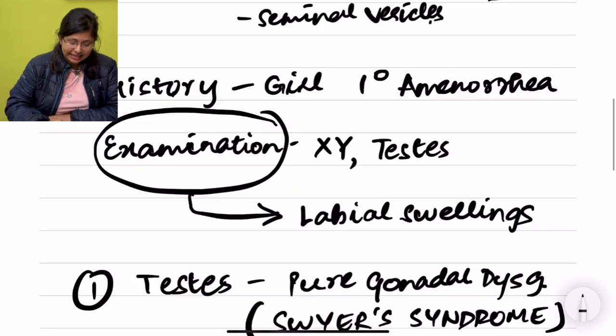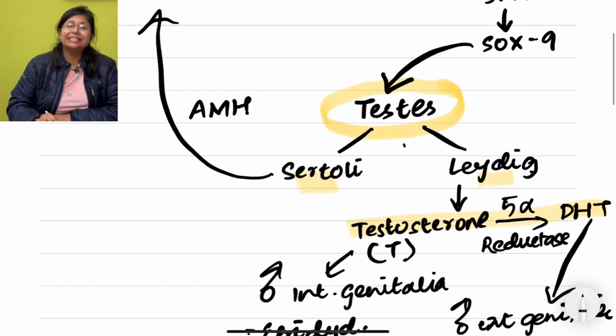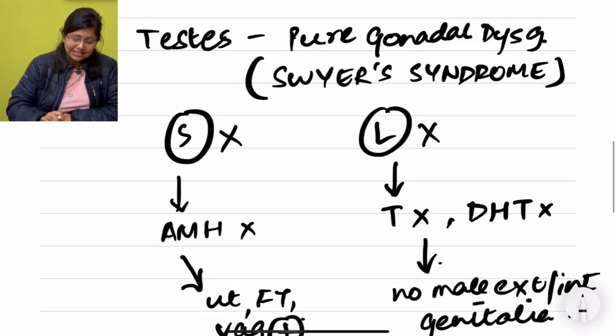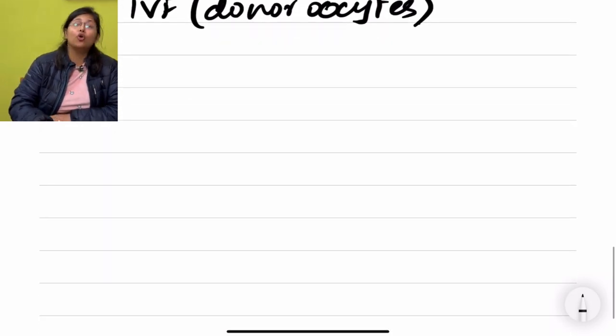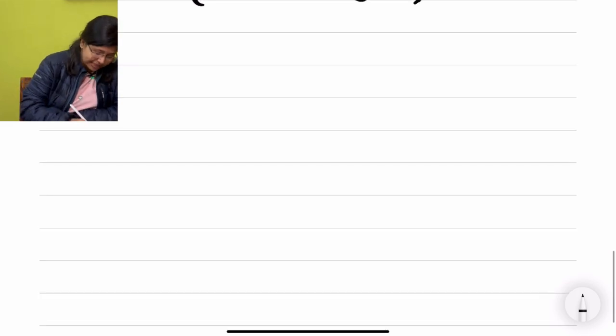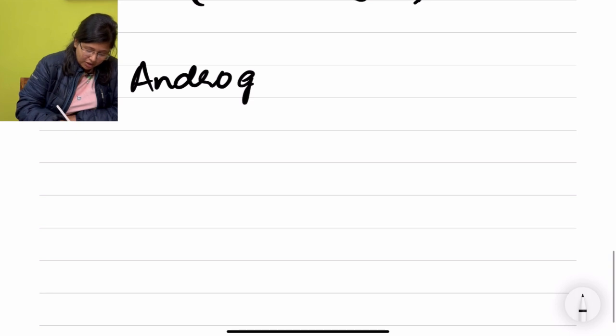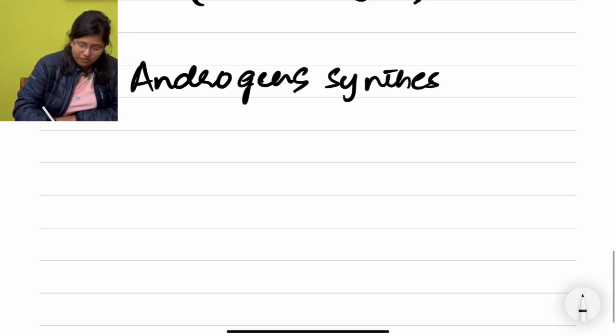So this was our case scenario 1 in which the testes is defective. Now coming to the second scenario, in which there is a problem with the androgens. There can be either a problem with androgen synthesis or a problem with androgen function. Let's talk about androgen synthesis first.